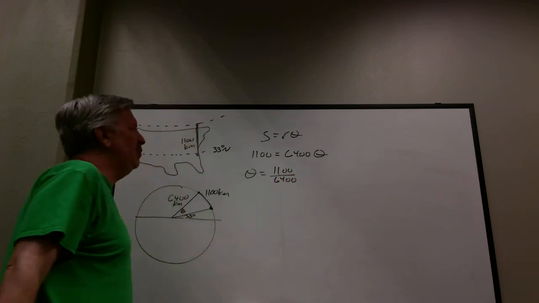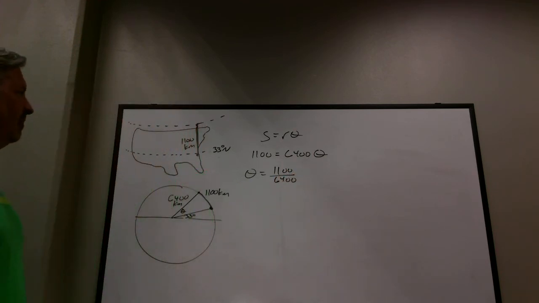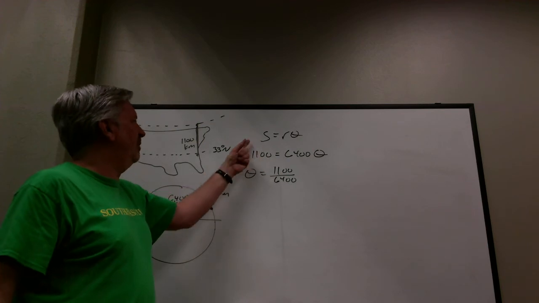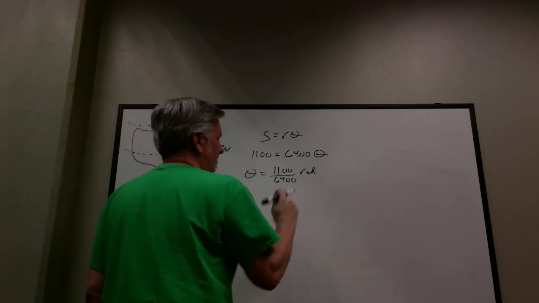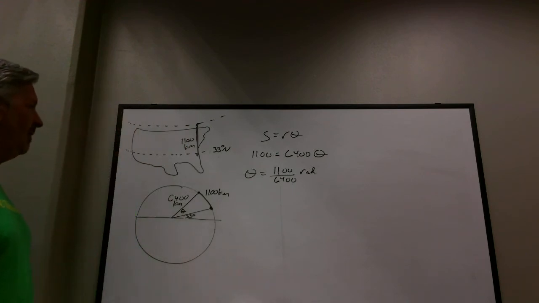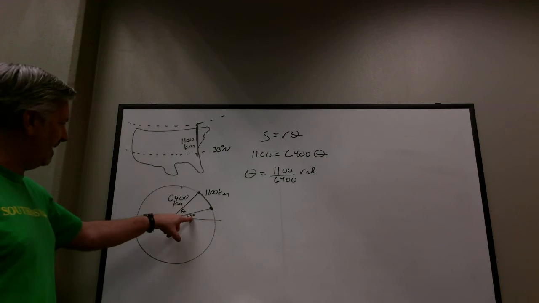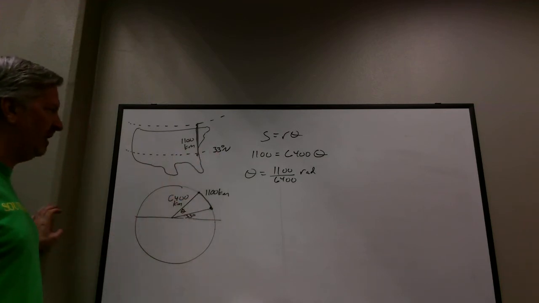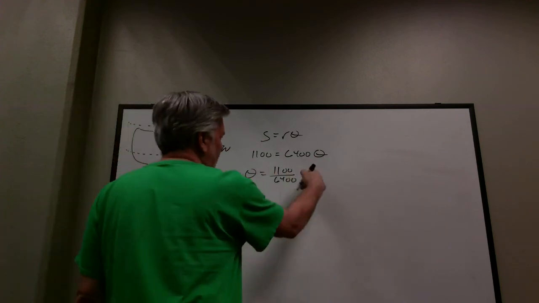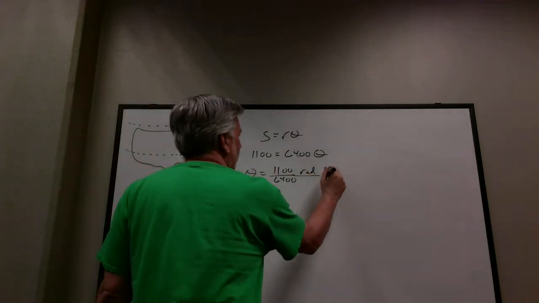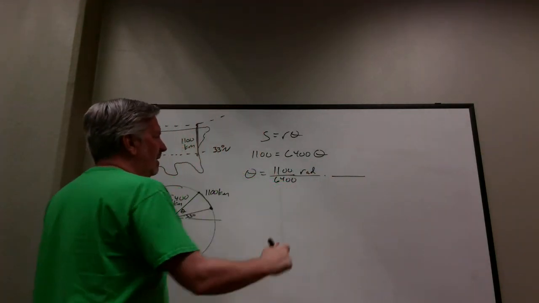Now again, what are the units on this theta? We used the S equals r theta formula, so it's spitting out a theta in radians. You could do latitude and longitude in radians, but typically we do degrees, and they gave us degrees, so we want to be consistent. We need to find this theta in degrees. Instead of getting a decimal, I'm just going to do the conversion right here.